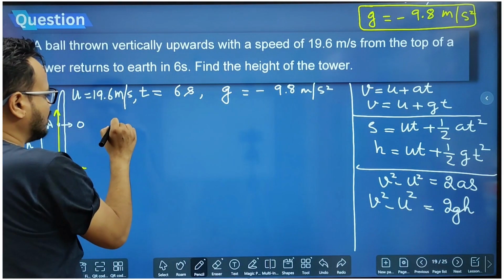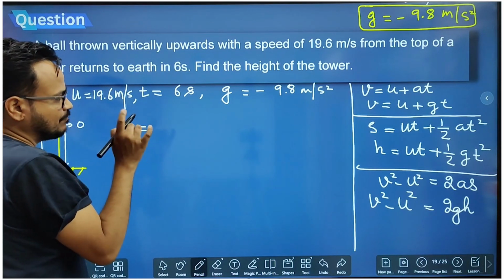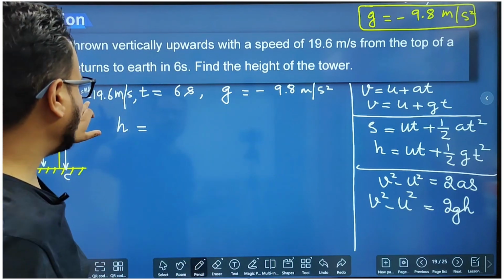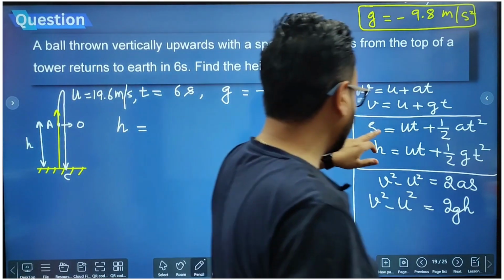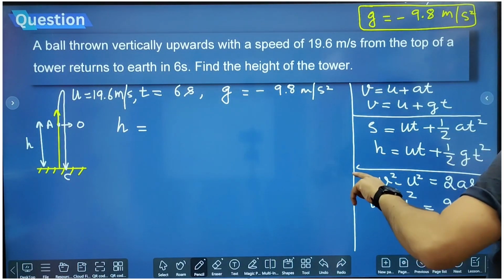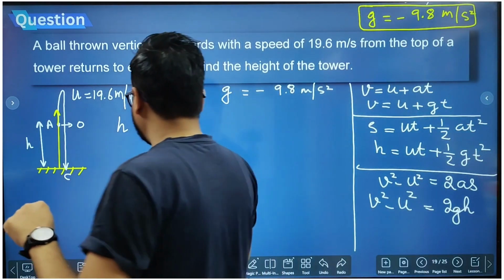Okay, now let's put these values. So h is, we will use the second equation because the parameters that are known here can be put in the second equation, right? So all the things are given.